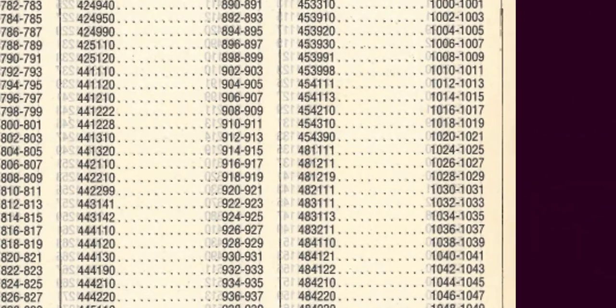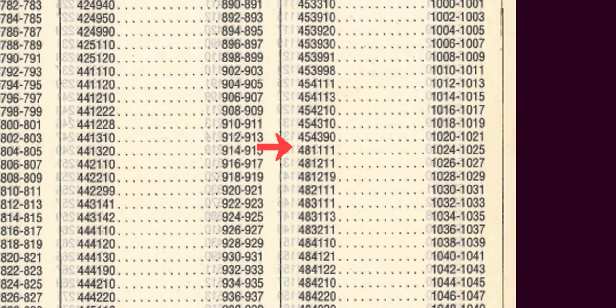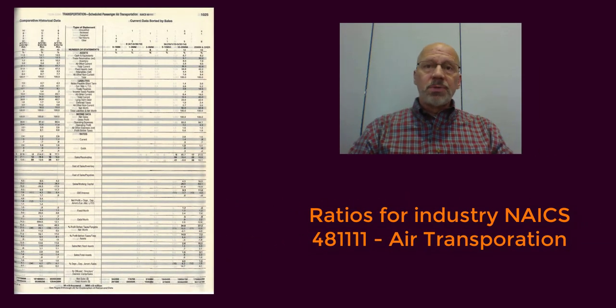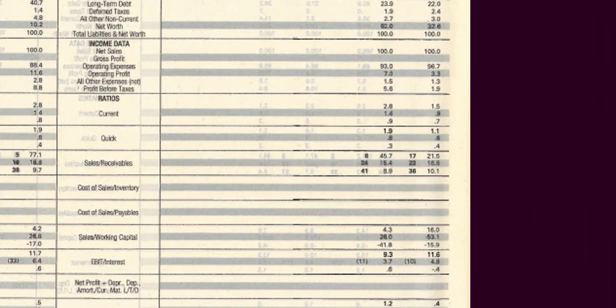It's really easy. So using the index page, I can find the page numbers in the RMA source for industry ratios and go to that page. And here is the page with the ratios. Notice the RMA provides ratios in quartiles to help you with your comparisons.